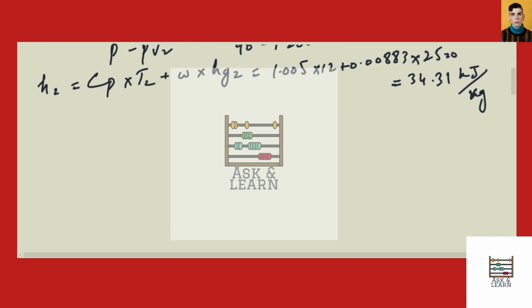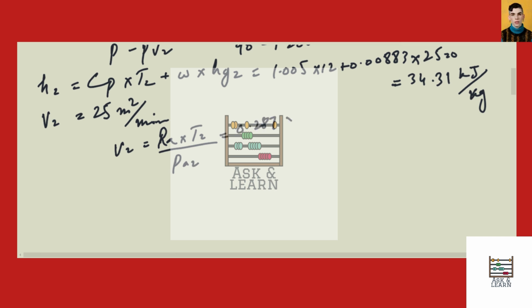Next, we can calculate the specific volume v2, and from that the mass flow rate using the given volume flow rate, that is V2 is equal to 25 cubic meters per minute. We have v2 is equal to RA multiplied by T2 divided by PA2, that is equal to 0.287 multiplied by 285 divided by 88.74, is equal to 0.922.